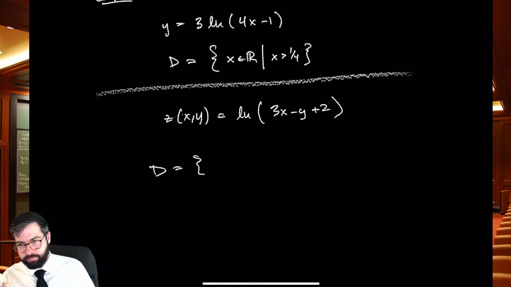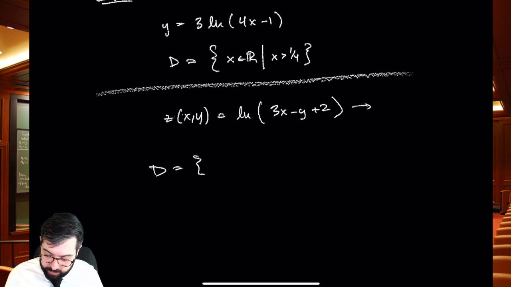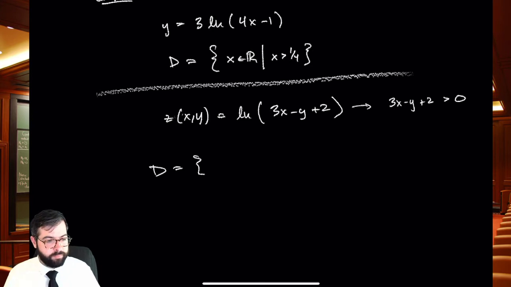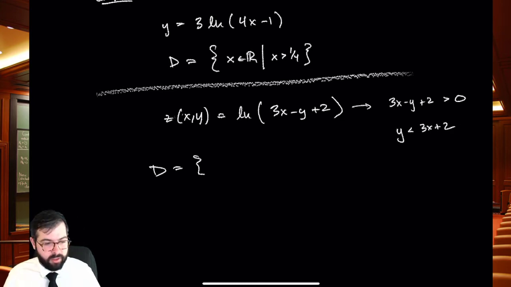We know that ln can't take any non-positive values. It can't be 0 or lower. It's not defined. It has a vertical asymptote at 0. So what this tells us is that 3x minus y plus 2 has to be greater than 0. So what does that work out to be? Well, that works out to be that y is less than 3x plus 2, which must be true about all the points x, y.